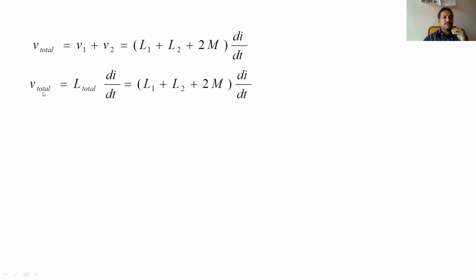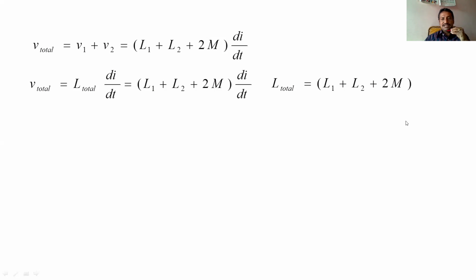But again, V total is equal to L total into di by dt, which is equal to L1 plus L2 plus 2M into di by dt. The di by dt gets cancelled. The remaining term is L total, the total or equivalent inductance, equal to L1 plus L2 plus 2M.